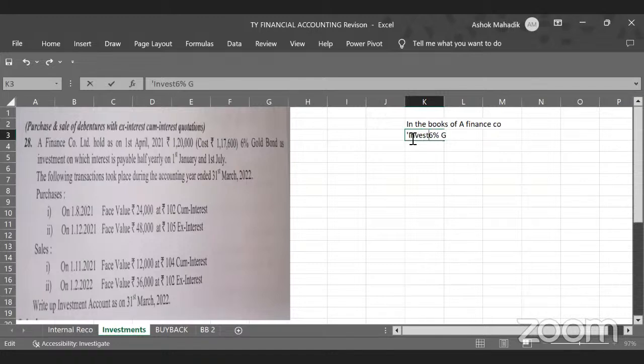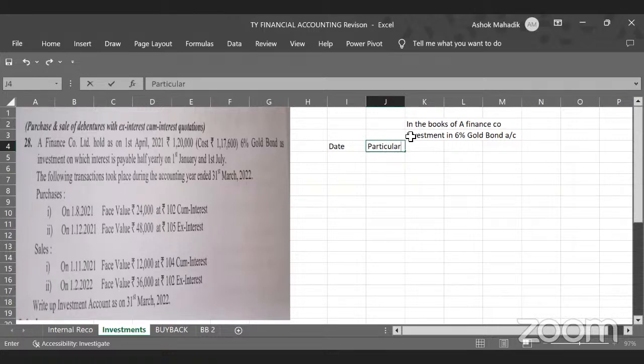Investment in 6% gold bond account. In our ledger, we'll have columns like date, particulars. I'll adjust the size in 2 minutes.